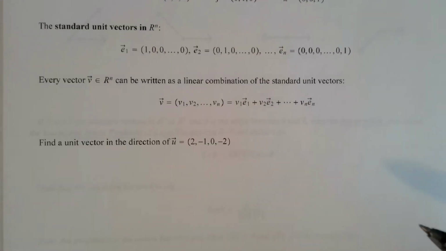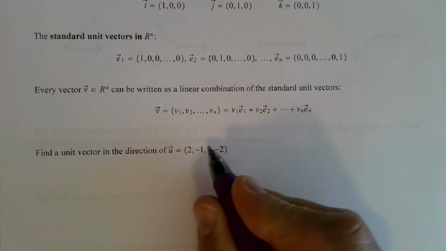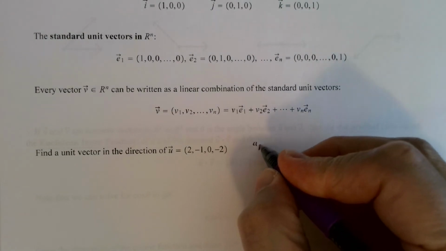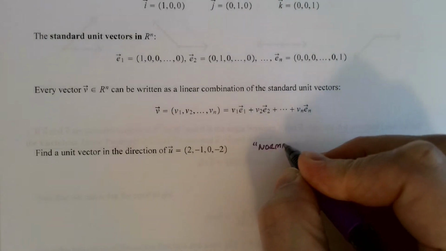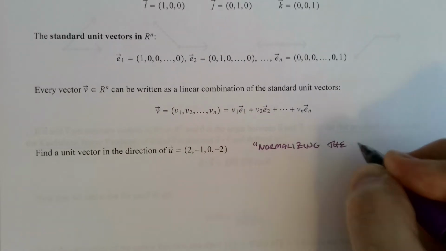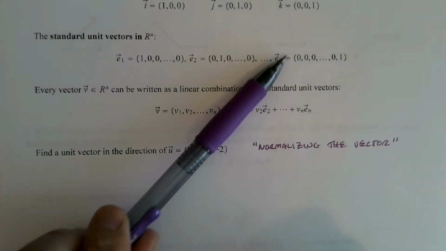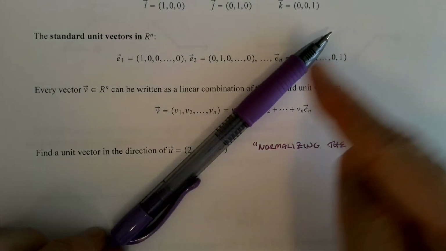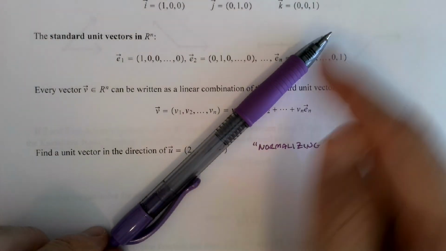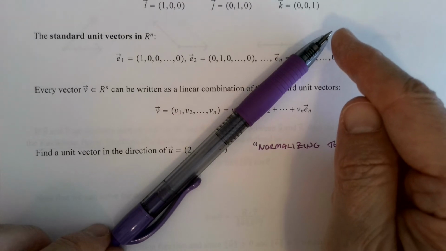One neat little thing is to find a unit vector in the direction of a given vector. This vector resides in 4 space, so let's do that here. Sometimes this is known as normalizing the vector. And the idea is, if I have a vector, and I'll pretend it's a vector in the plane pointing in some direction, this is the initial point, and the terminal point is where the pen tip is.